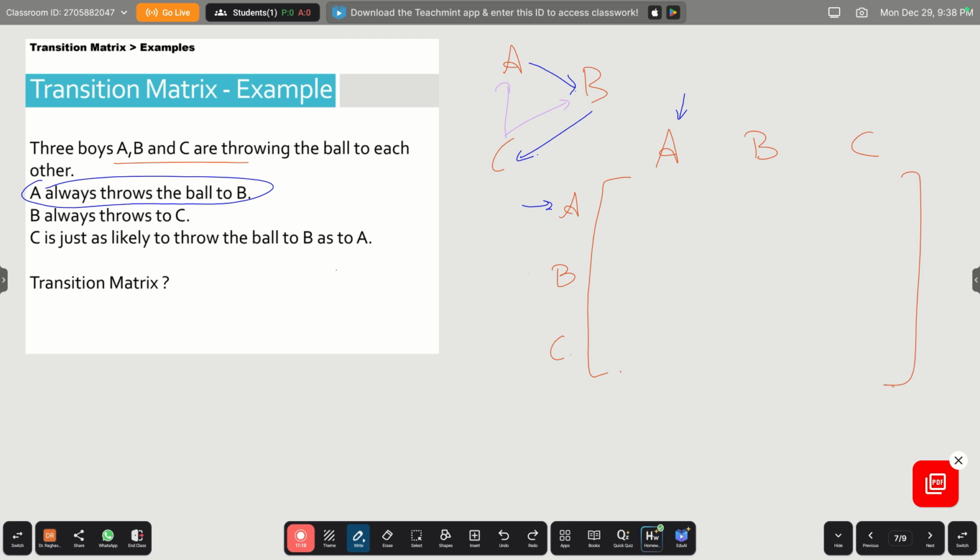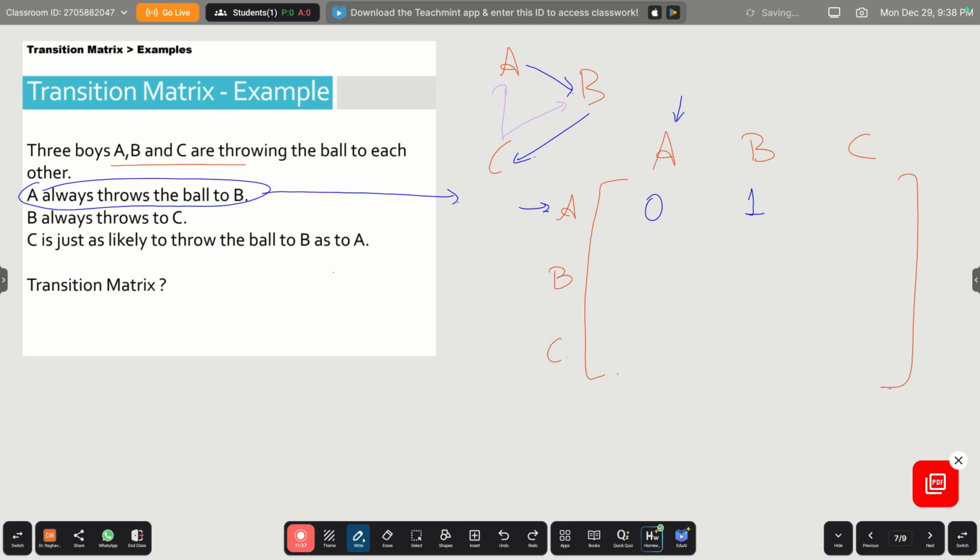So the probability from A to A is going to be 0. And it's given that A always throws the ball to B. So it's 100% chance that A always throws it to B. So the probability from A to B is going to be 1. And definitely he will not throw to C, because it is already said that he always throws to B. So that completes the first row.